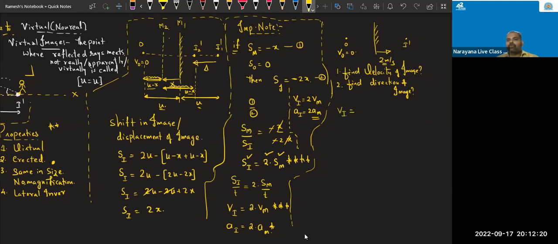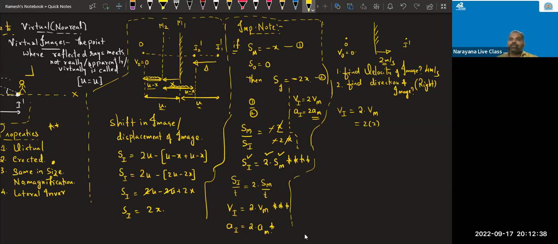Velocity of image equals 2 times the velocity of mirror, which means 2 into 2 is 4. So 4 meters per second is our answer. What is the direction of the image? Right side, or positive x-axis. I hope you understood very nicely.